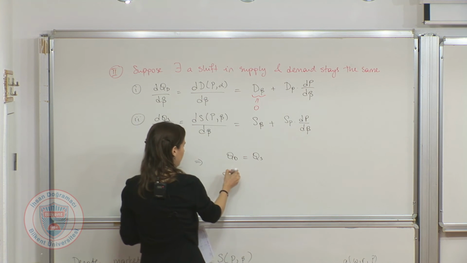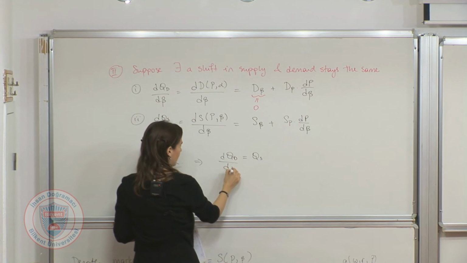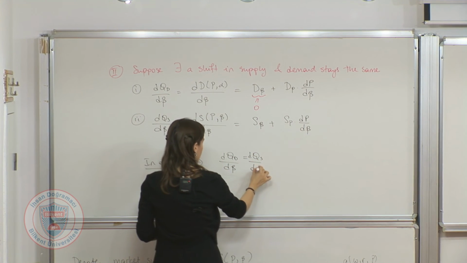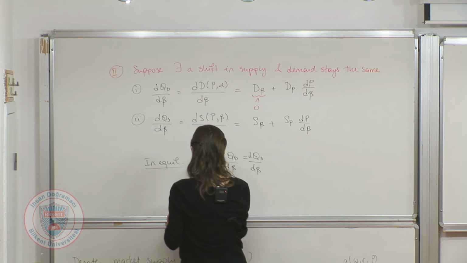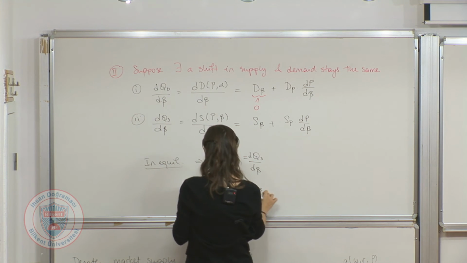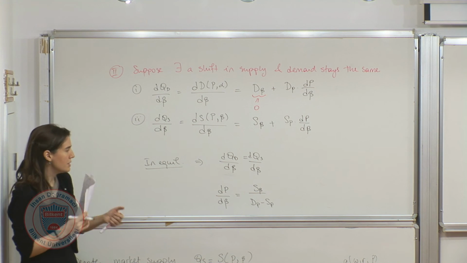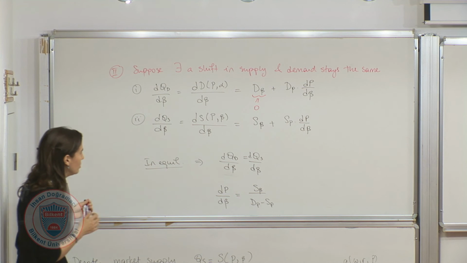Therefore, the changes in them should be the same. So this is what we can say. If you do this, you would get this, S beta over D P minus S P. You can do similar calculations, and this is what you would get.